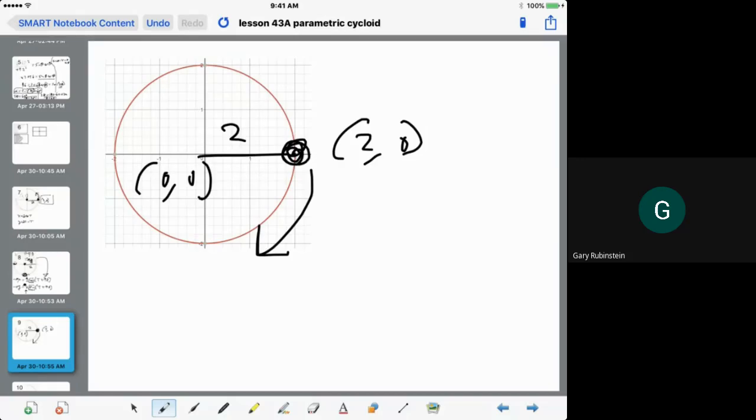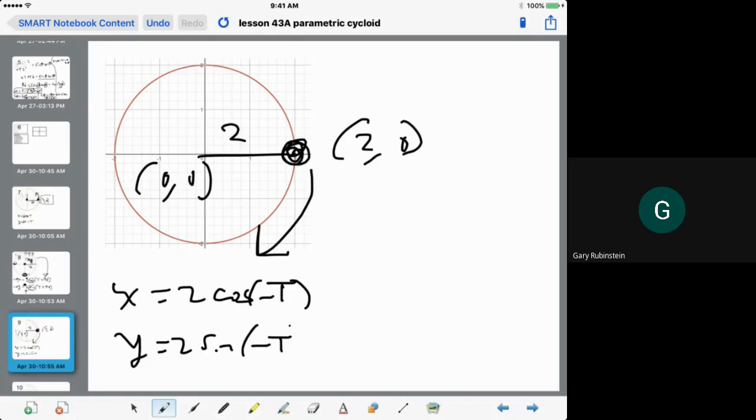Yes, Willis, that's right. By replacing theta with negative theta, that will cause it to go. So this is x equals 2 cosine negative t, and y equals 2 sine negative t. That causes it to go clockwise.